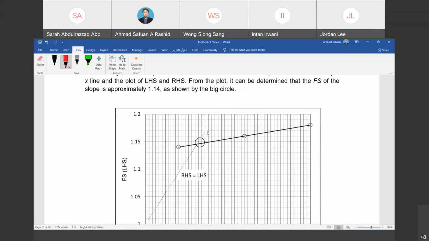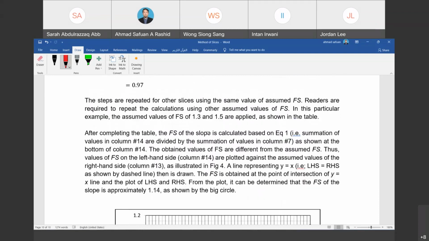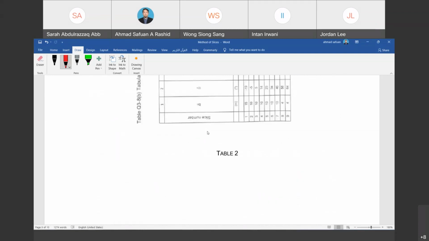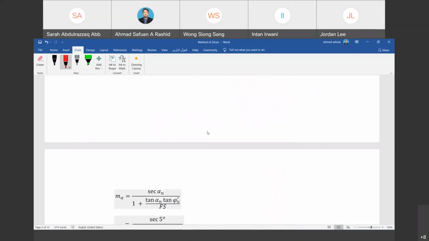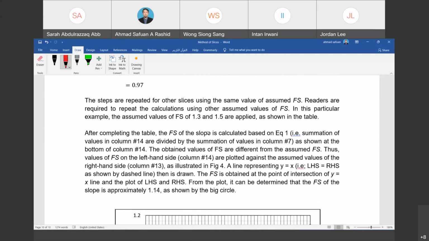So again, because we analyze using the Fellenius and also using the Bishop, we may use the lowest value. For this case, the Bishop value is 1.14, and the Fellenius value is 0 point something. So we may use the 0 point something as the value for the factor of safety.